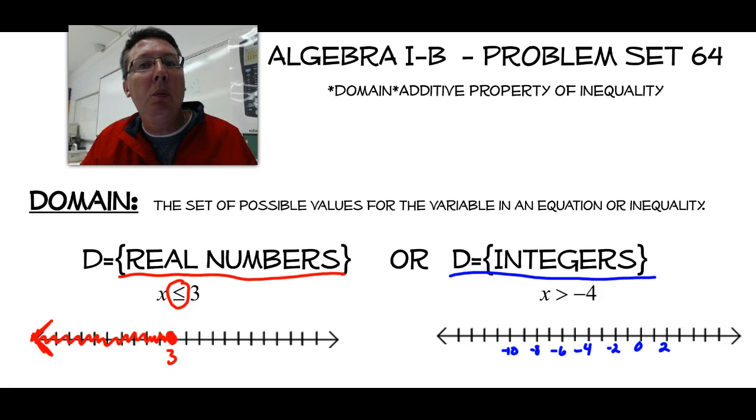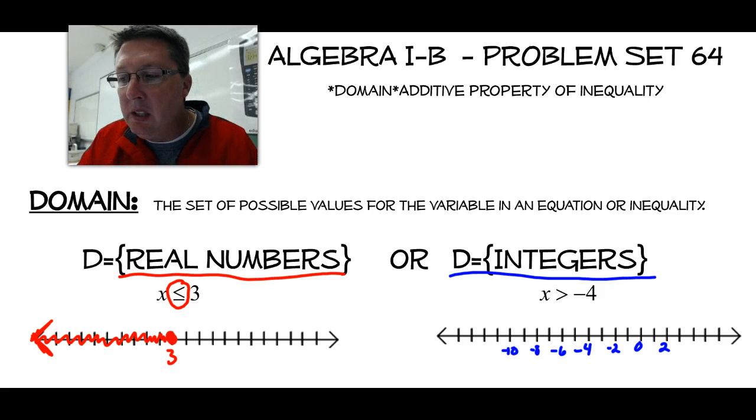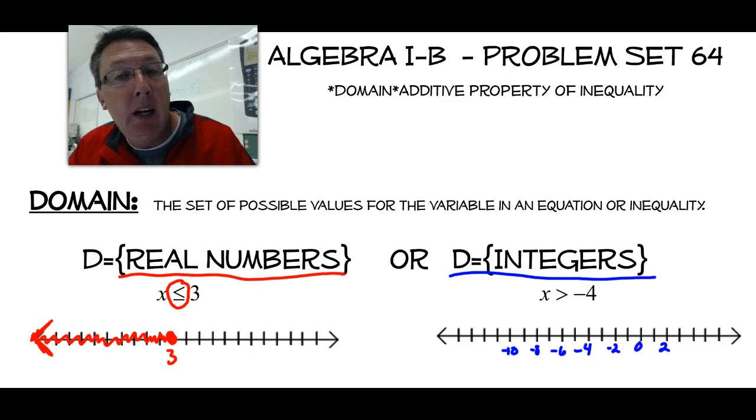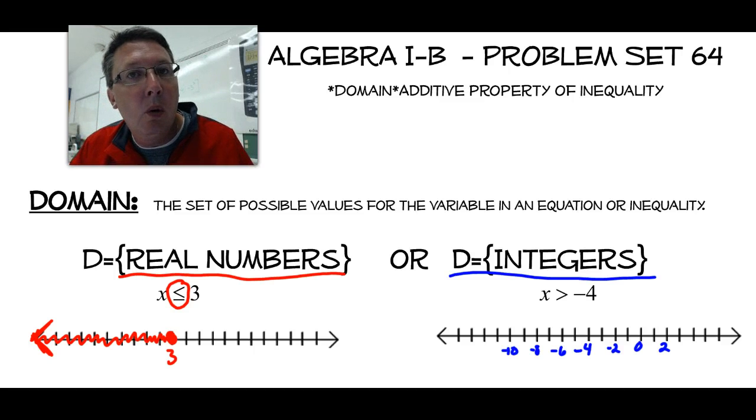I need a few numbers to either side, and I look at this symbol, strictly greater than: x is greater than -4. Now, it does not have the bar under it, so do I get to put a dot on -4? Well, it can't equal -4, so a lot of times what we would have done in the past is put an open circle.